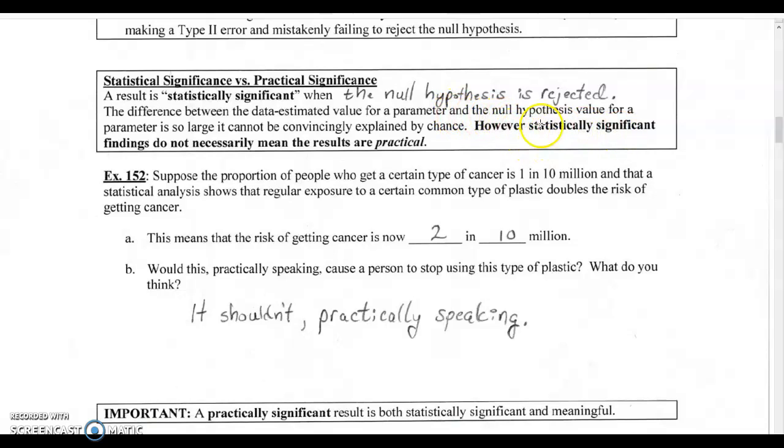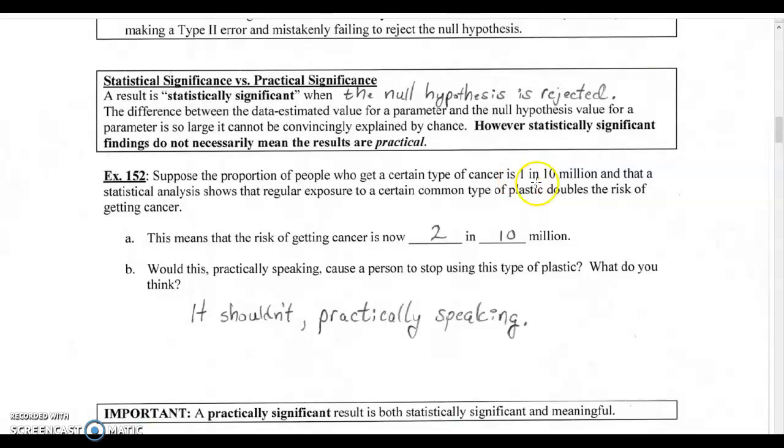However, statistically significant findings do not necessarily mean the results are practical. And the easiest way to see this is through an example. Suppose the proportion of people who get a certain type of cancer is 1 in 10 million, and that a statistical analysis shows that regular exposure to a certain common type of plastic doubles the risk of getting cancer. Well, what would that mean?